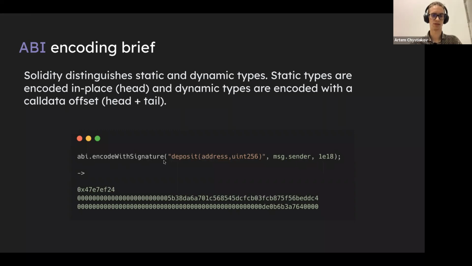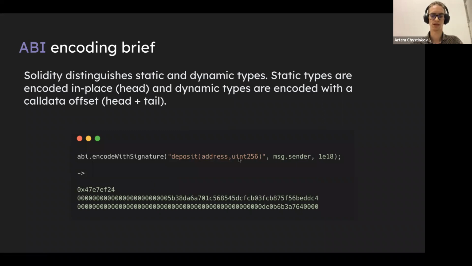And I'm using the built-in Solidity function encodeWithSignature. So what we have on the outside is the 4 bytes of function selector. So if you're encoding a function, the first 4 bytes are always the function selector. And after that, the function arguments are encoded.